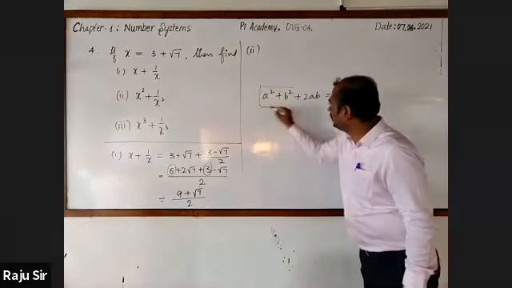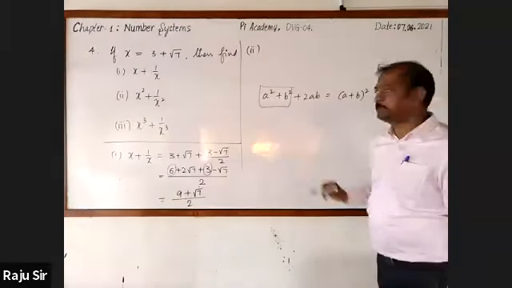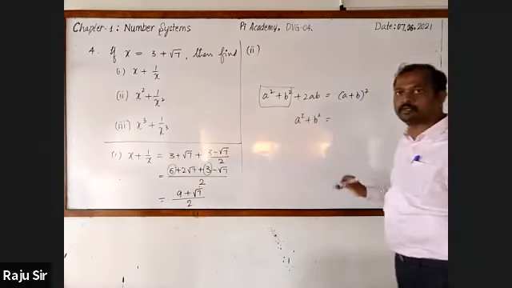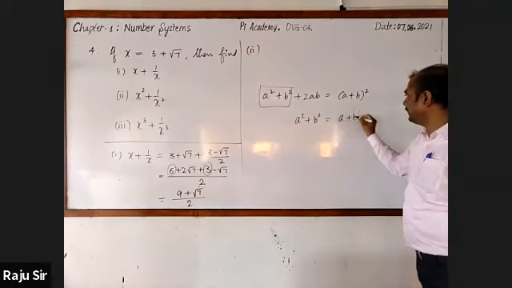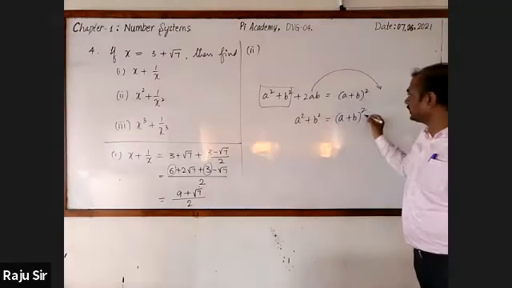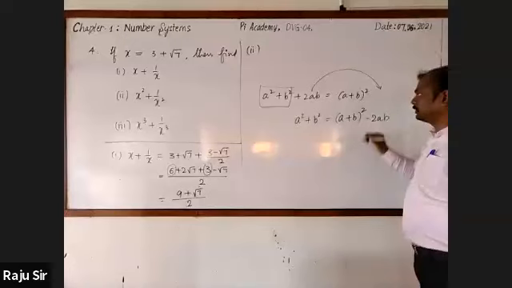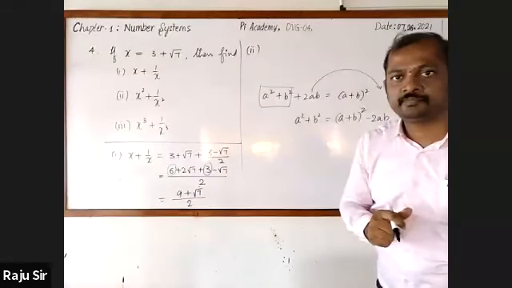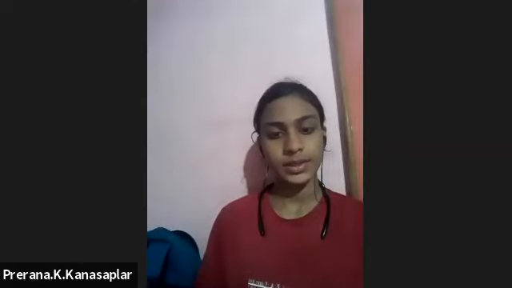I want only a square plus b square. Now I can write a square plus b square is equal to a plus b whole square, transfer 2ab to the right hand side. It becomes minus 2ab. Did you understand? Yes, sir.